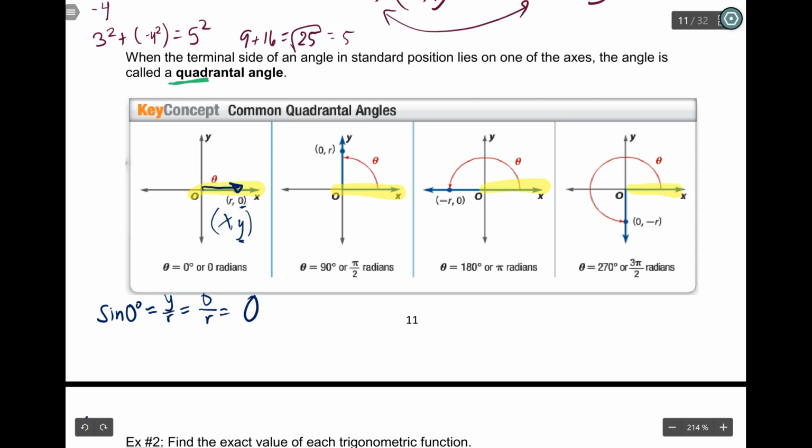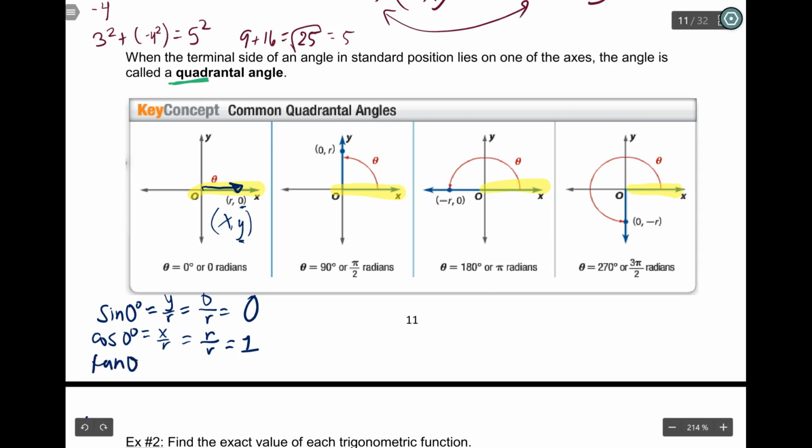Sine of 0 is 0. Cosine of 0 is going to be x over r. So my x value is r, and my r value is r. So that simplifies to 1. And that's true. Cosine of 0 degrees is equal to 1. No matter what your radius is, cosine of 0 is always 1.